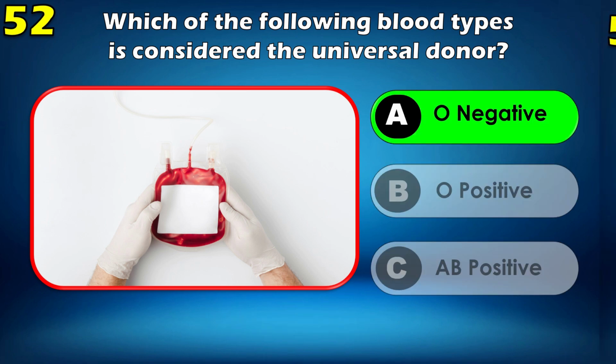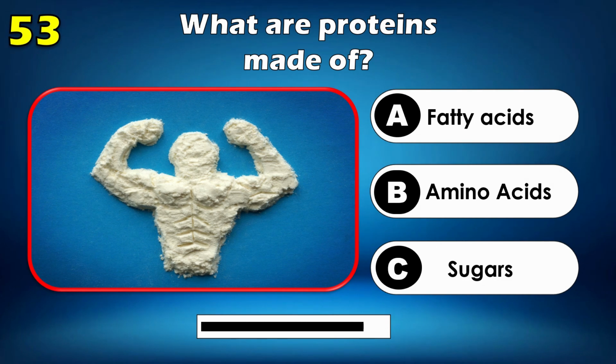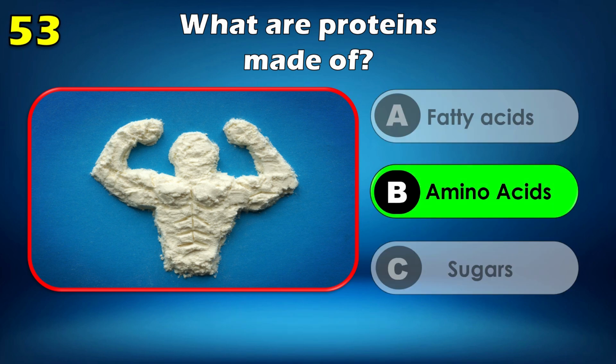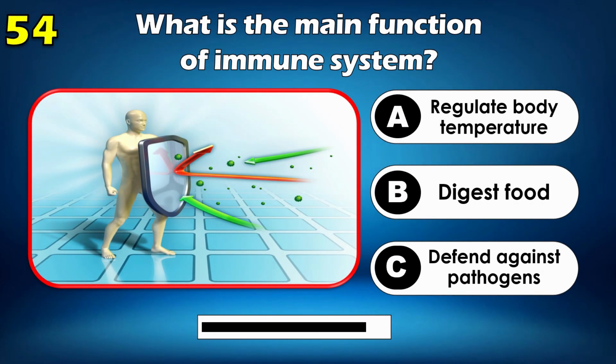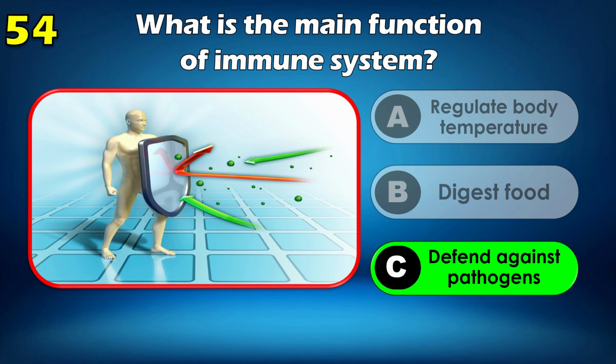Negative. What are proteins made of? Amino acids. What is the main function of immune system? Defend against pathogens.